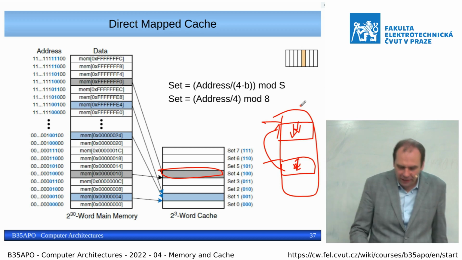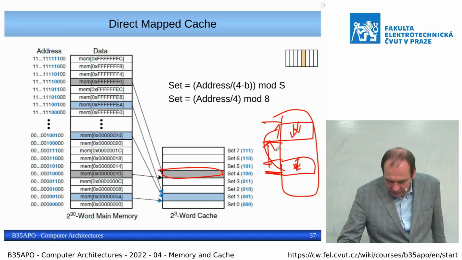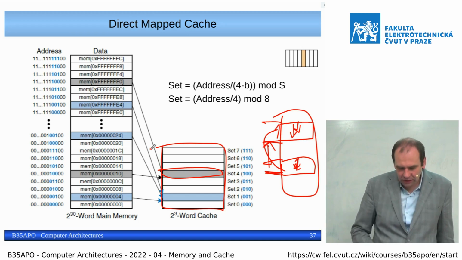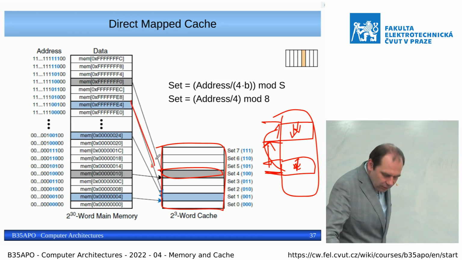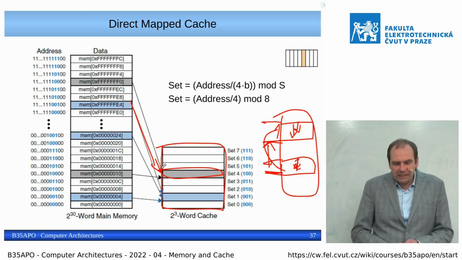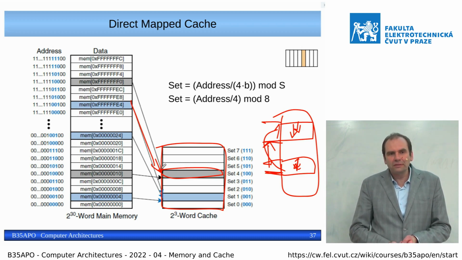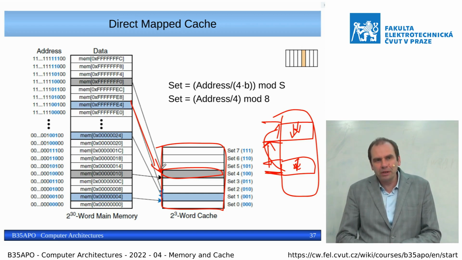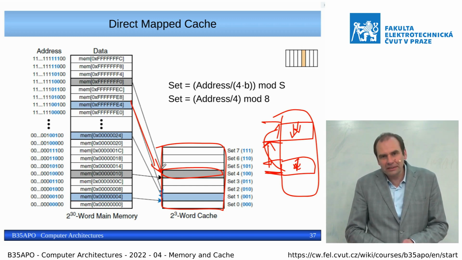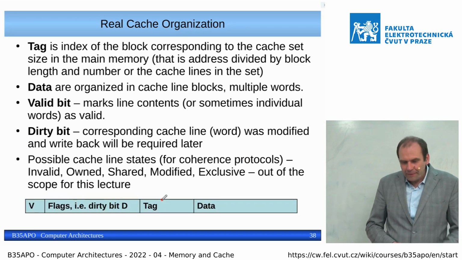But when those two arrays start at addresses where the difference is a multiple of the size of the cache, then data starts to map to the same location in the cache, and in the end, instead of a speedup from adding the cache, you have a slowdown, because you are even slower than if you had only the main memory, because you add 1 or 2 cycles to locate the data if they are present in the cache, and in each case you find other data which you do not want for this access pattern.